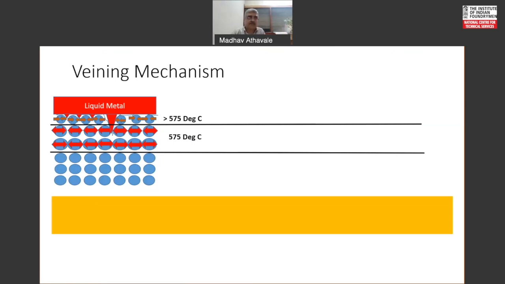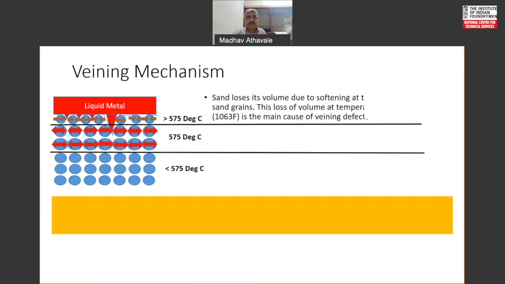This I am explaining for silica sand. While the layers below are still below 575 degrees, that is, below the transformation temperature. So what is it that happens? Because above 573 degrees, there is a softening of the sand and it starts shrinking.